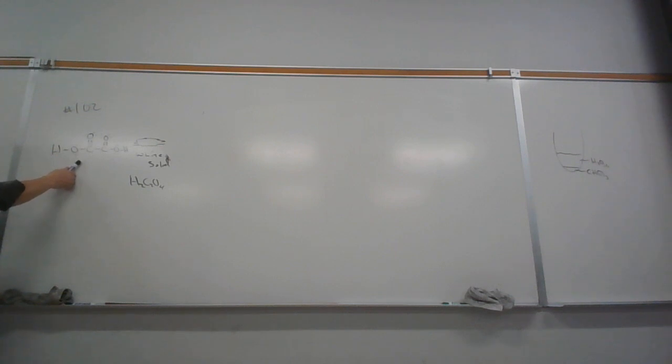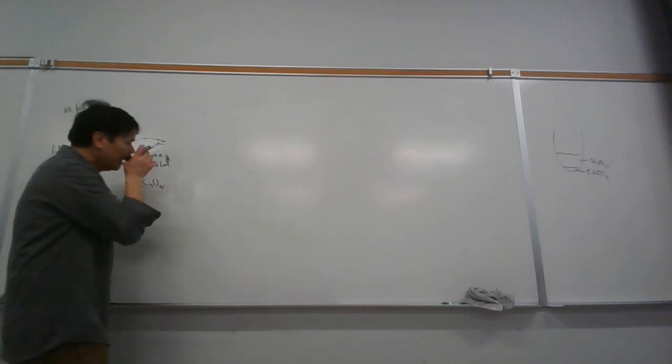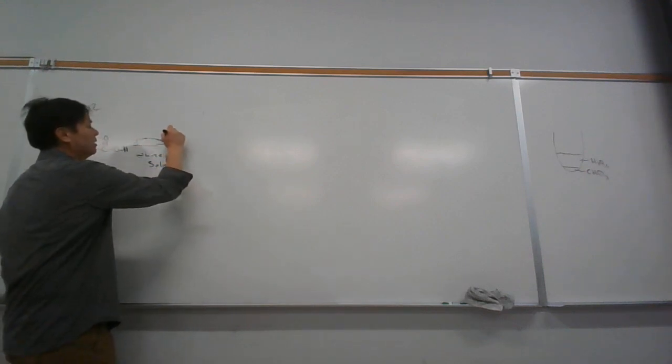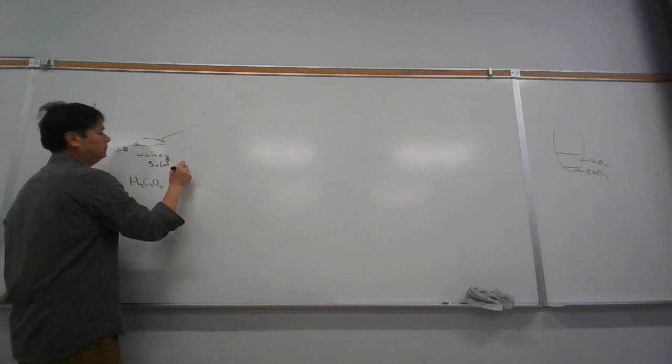These are things you'll have to memorize later on in organic, if you're going to go that route. And so we have hydrogen bond, we have dipole. Is that it? There's always instantaneous. Yeah, there's always instantaneous for everything. Now, when we look at the solid, this is a crystalline solid.